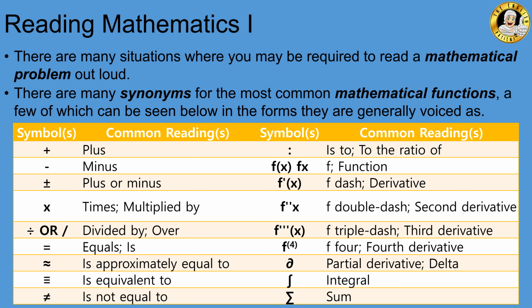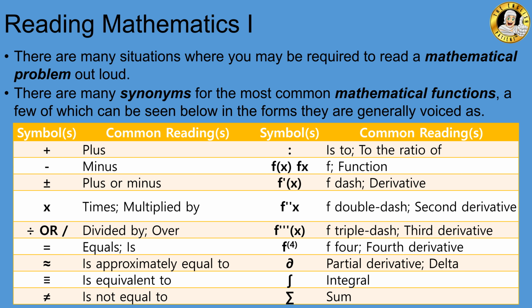Next one is plus or minus, times or multiplied by, divided by or over, equals, or you can sometimes just say is, because the be verb means equals, is approximately equal to, is equivalent to, is not equal to.